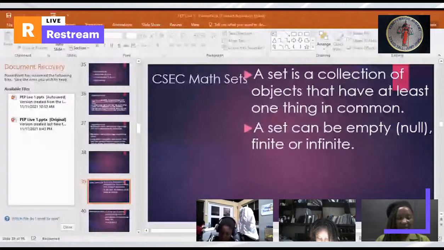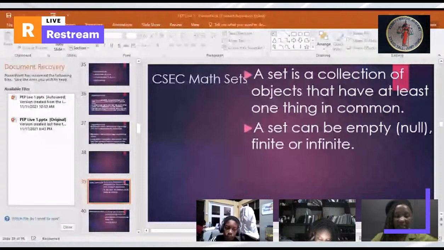The finite set, we're going to explain that a little further down, is where you are able to list all the members and all the elements of the set. The infinite set is where you are not able to practically or realistically list all elements in that set.